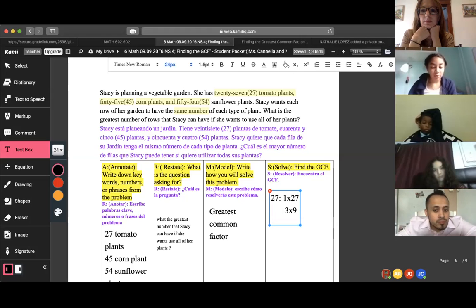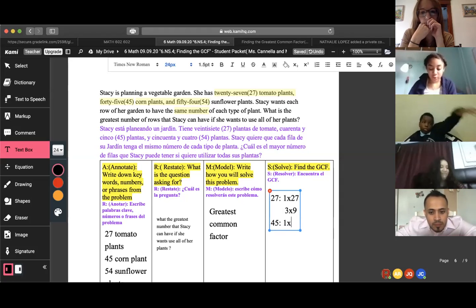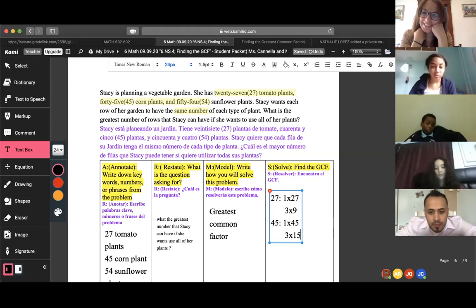And last number. How many corn plants? 45. So 1 times 45. Good. 3 times 15. Excellent. And 5 times 9.